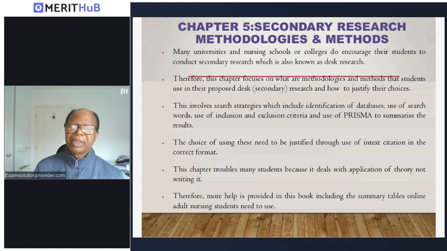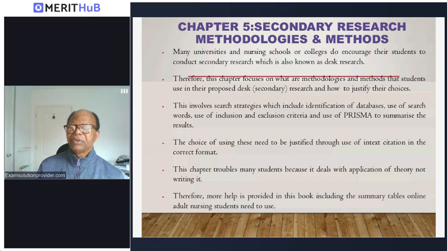Another reason might be that the database keeps materials that are relevant to your area of study. So, for example, if your proposed research is in nursing, then they publish articles related to nursing, okay? If it's human resource management, they publish articles that are related to human resource management and so forth.